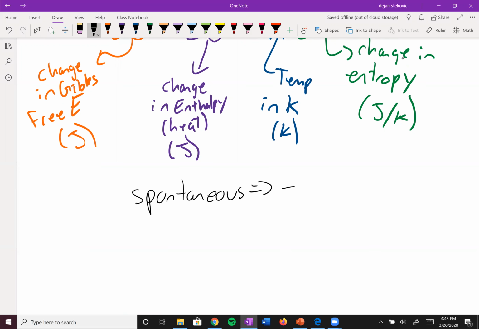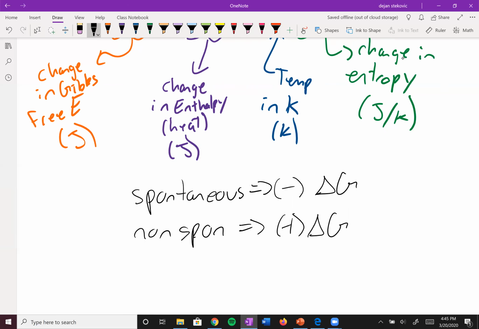So if you have a spontaneous process, you have a negative change in Gibbs free energy. And the opposite, non-spontaneous, means that you have a positive value of Gibbs free energy. So you really want to know this along with the universe one as well. So be able to know both.